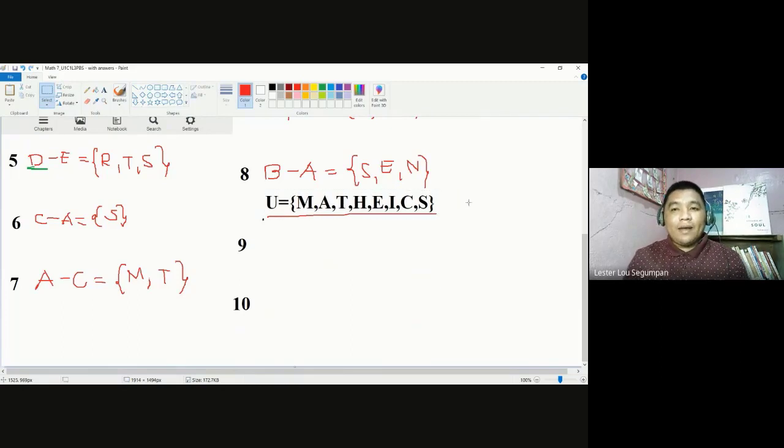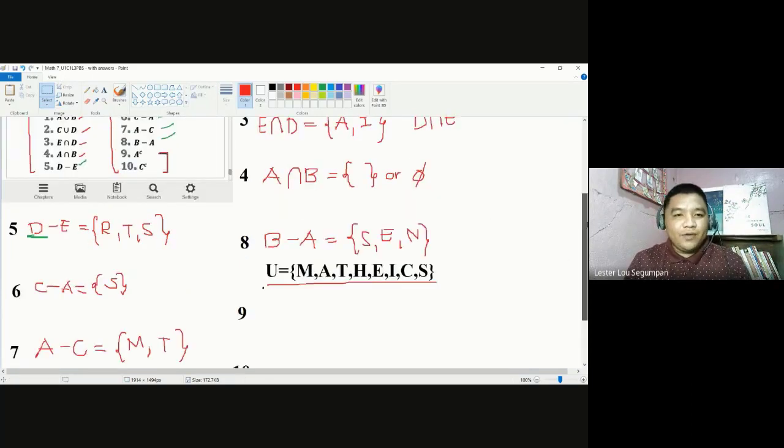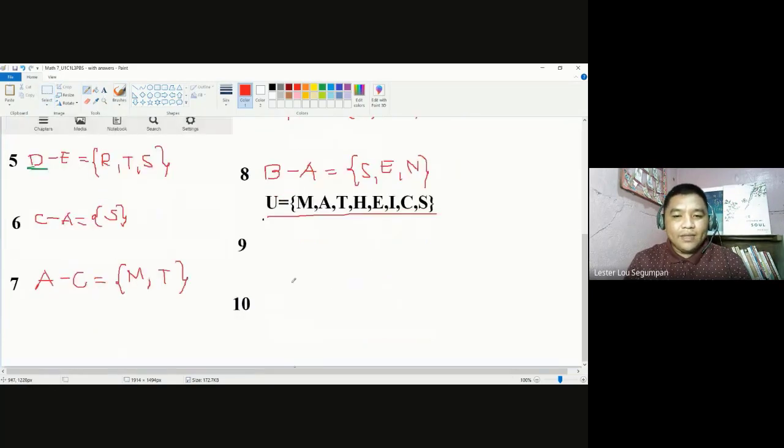Because when we talk about the complement of a set, we deal with the elements that are found in the universal set but not found in a specific set. So for number 9, A complement, we are talking about the elements that are not found in A, but are found in the universal set.